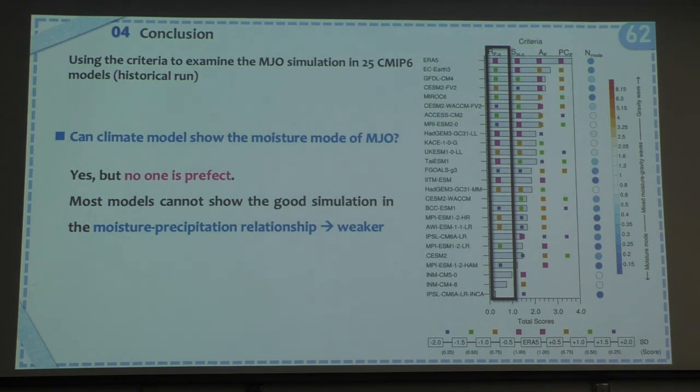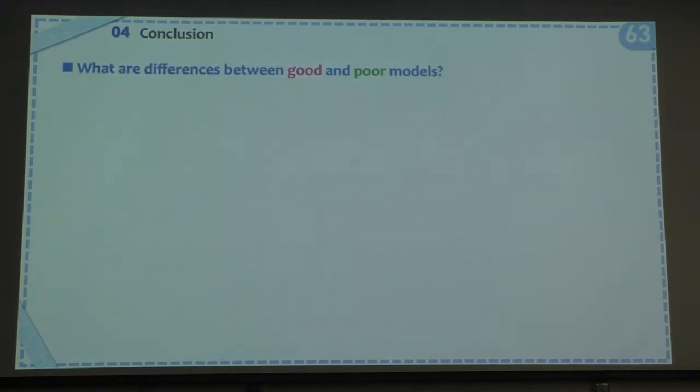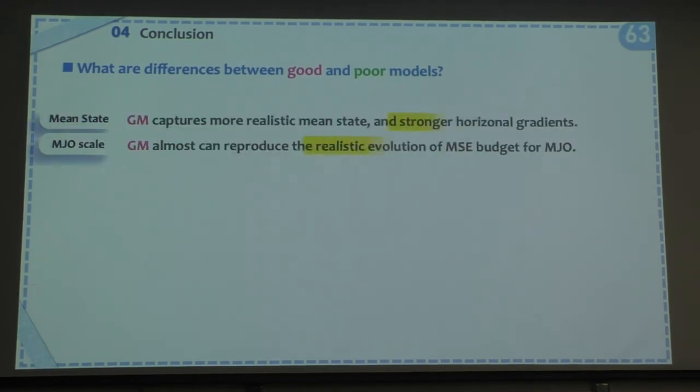Most models have a weak relationship between the moisture and the precipitation and the amplitude of precipitation. Based on this result, we compare the good models and the poor models. In a good model, they can capture the realistic mean state and the stronger horizontal gradient. And for the Andrew scale, they can reproduce a good evolution of the moisture budget.